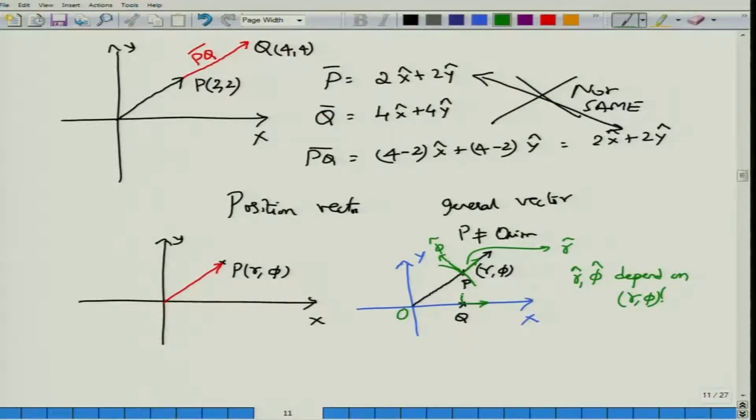The phi vector will be directed perpendicular, because phi equal to 0 means this is the line, and if you draw a tangent to the arc, then you get the phi vector. You can see that the phi vector is actually equal to y hat and the r vector is actually equal to x hat. So, you see that just between points Q and point P, the directions of the r vector and the phi vector themselves are completely different, because they actually depend on the values of r and phi.